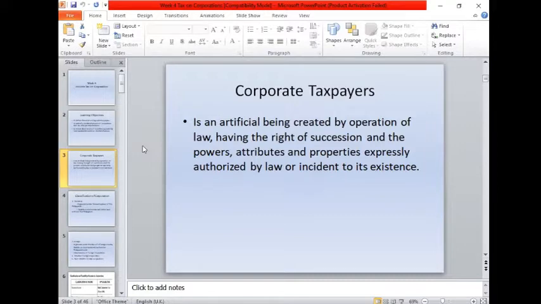So the corporation as a corporate taxpayer talks about a juridical personality or juridical person, where the board of directors and the stockholders form a corporation as a group. When it comes to filing of taxes, the name of the corporate business appears in the BIR, not the name of individual stockholders or individual board of directors, but the corporation business. That's why it talks about a juridical person.